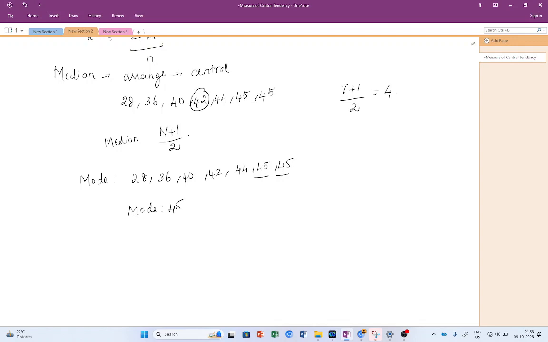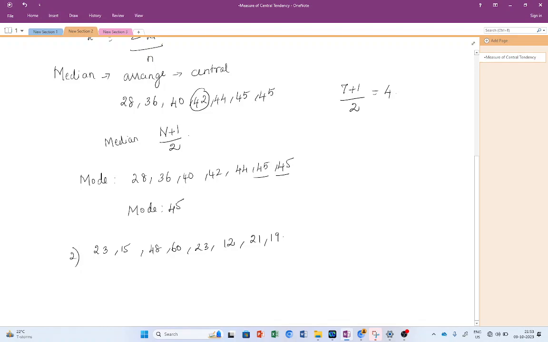I'll give you another example for median alone. Suppose your data is like this: 23, 15, 48, 60, 23, 12, 21 and 19. You are asked to find the median. First you have to arrange it in descending or ascending order.